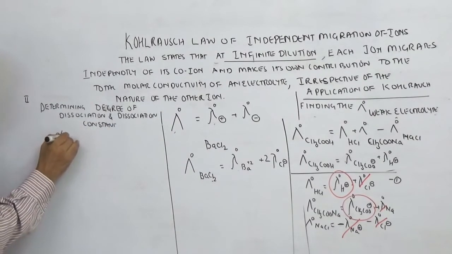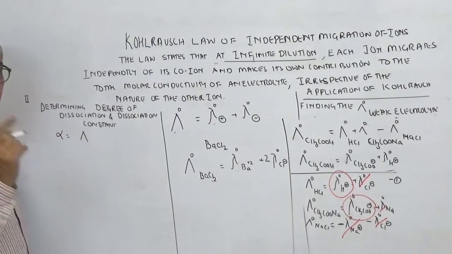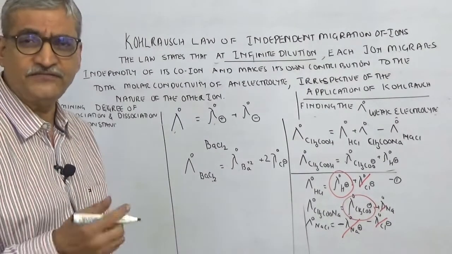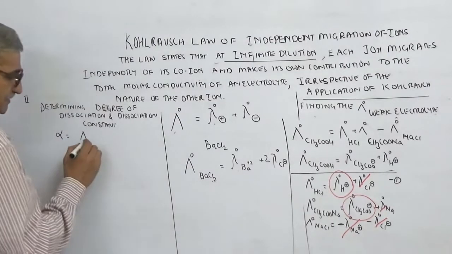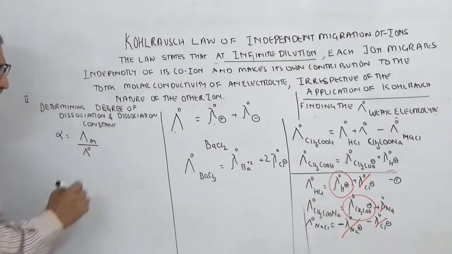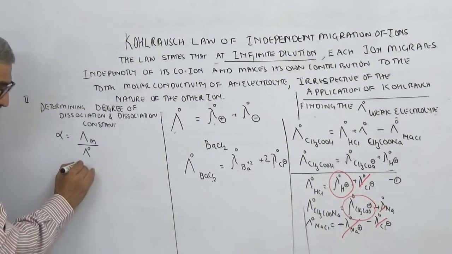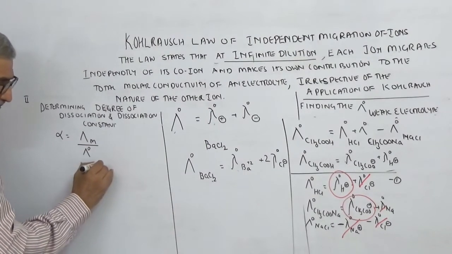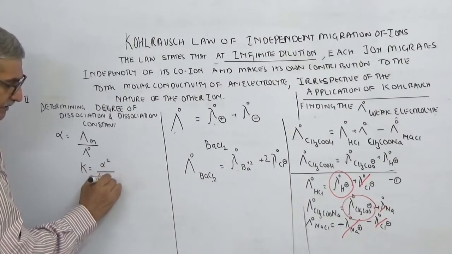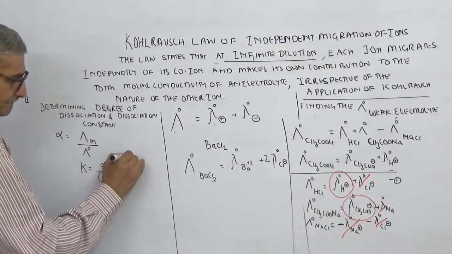So alpha, the degree of dissociation, is always a fraction. It is the ratio of molar conductivity to molar conductivity at infinite dilution. Now K, the dissociation constant, will be equal to what? Alpha square upon 1 minus alpha into C. So substitute, what do you get?